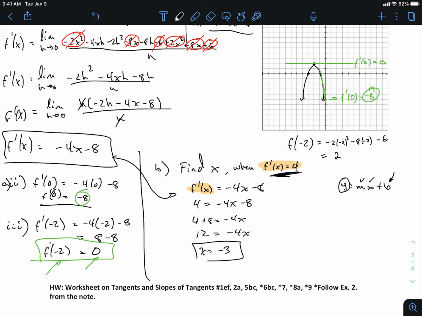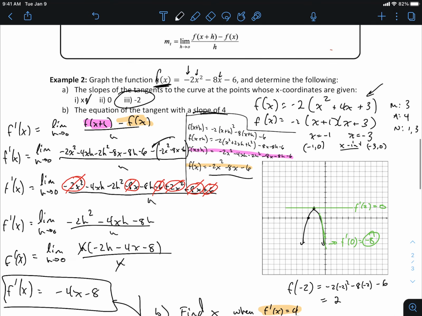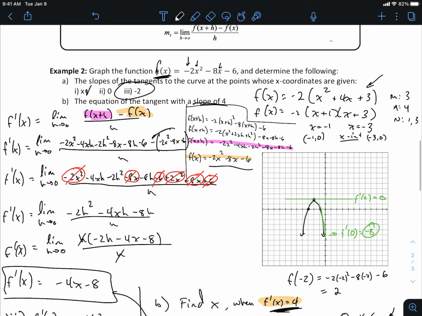Well, we can find what y is on the original graph when I plug in -3. Turns out we already know what the value is at -3 on the original graph. It's 0. It actually is one of our x-intercepts.